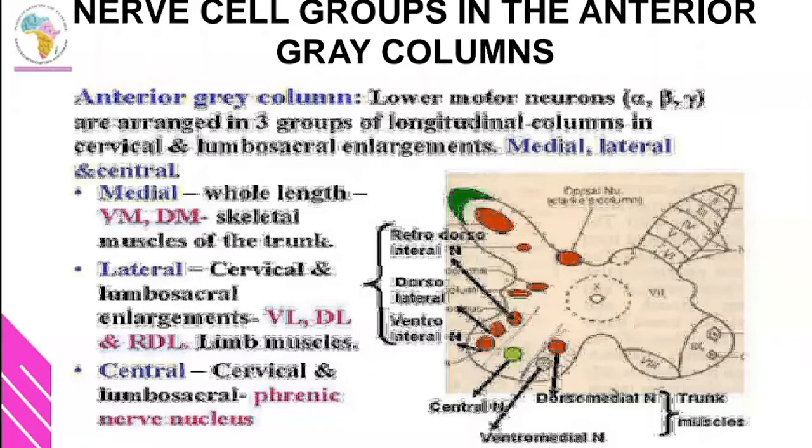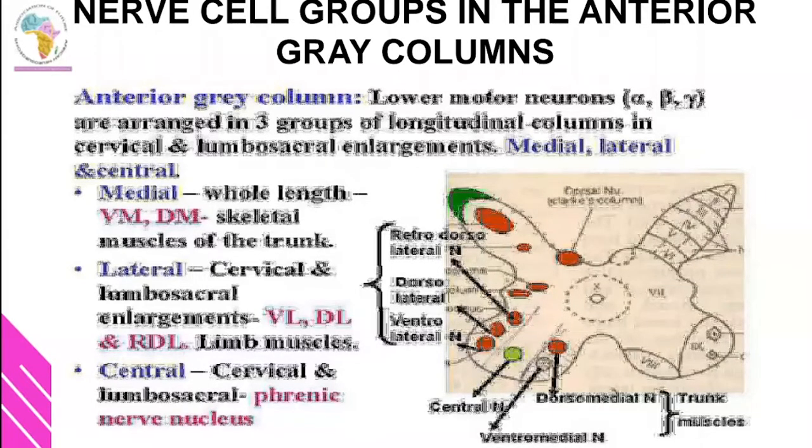Then it has also got the lateral group of what? Neurons. Now, the middle group of neurons are further divided into the ventromedial nuclei and the dorsomedial nuclei.